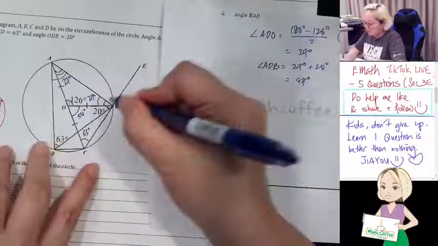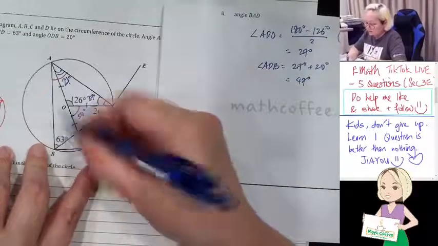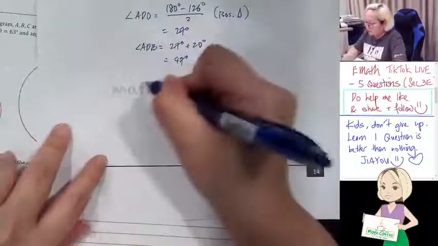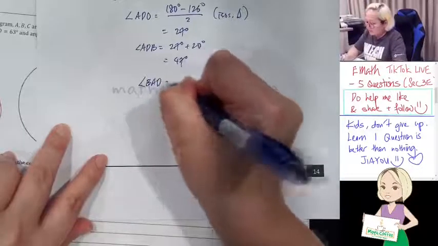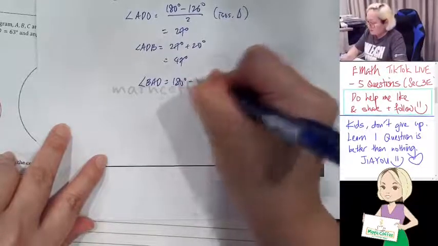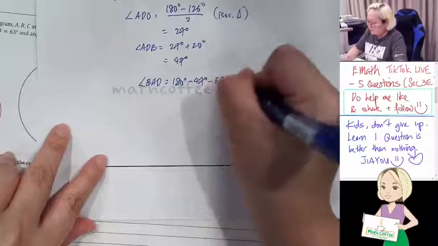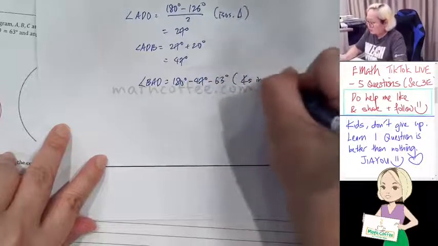Now you have this big angle here, you have this 63, you can find the third angle. Therefore, angle BAD is simply 180 minus 47 minus 63 degrees. This is angles in a triangle.